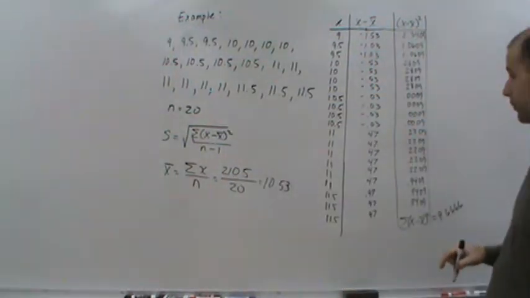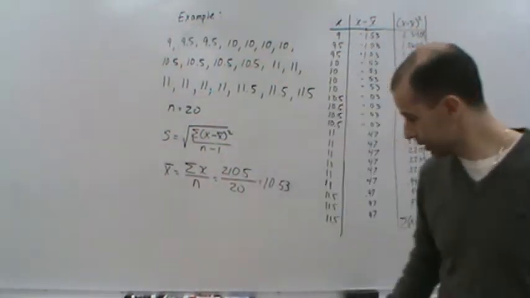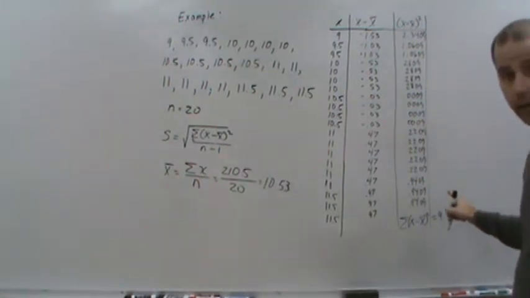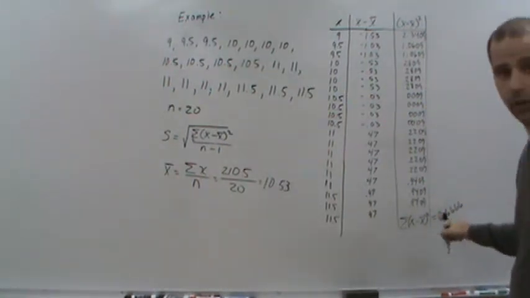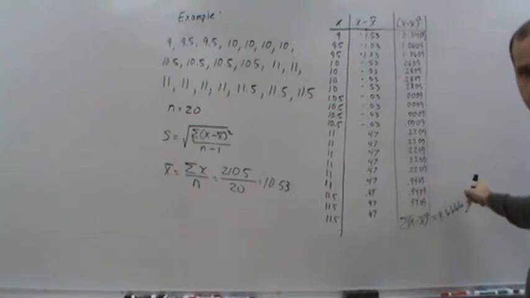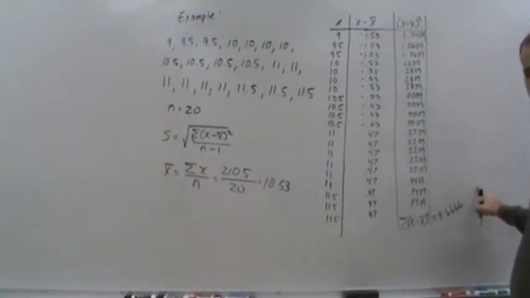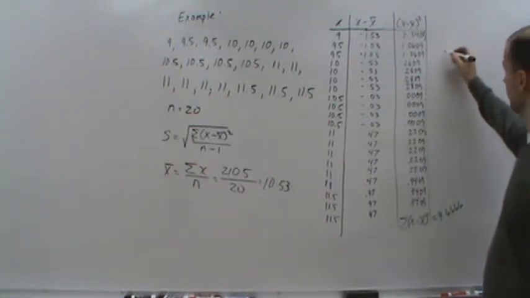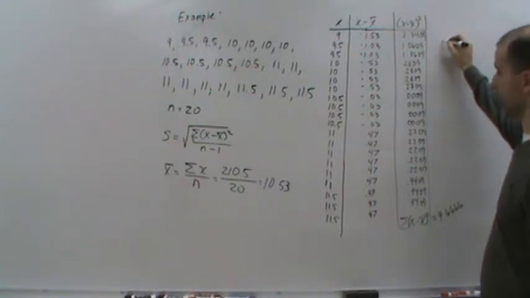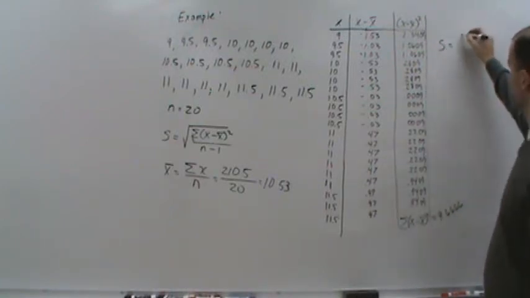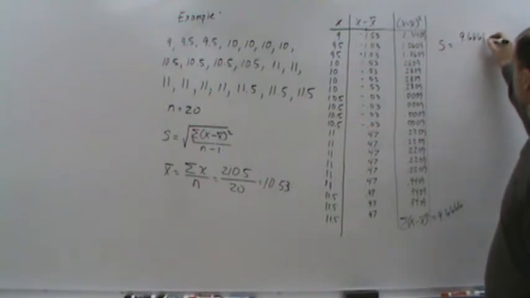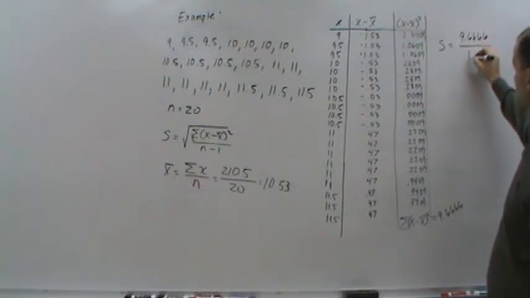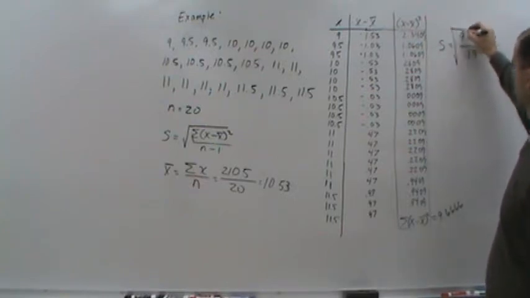So let's do that. I just want to make sure I have enough room. I think I do. Yes, I do. So now I've got the formula. S equals the numerator, which is 9.6666, divided by n minus 1, which is 19, and then we take the square root of it.